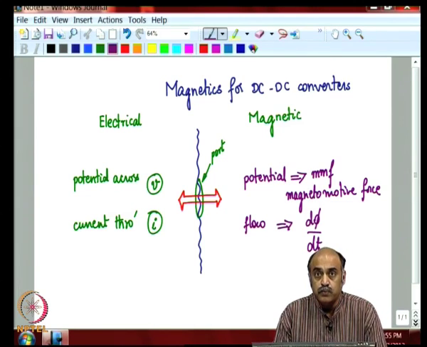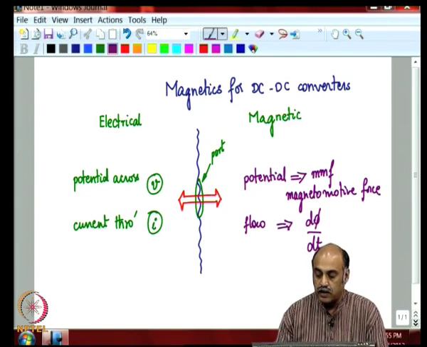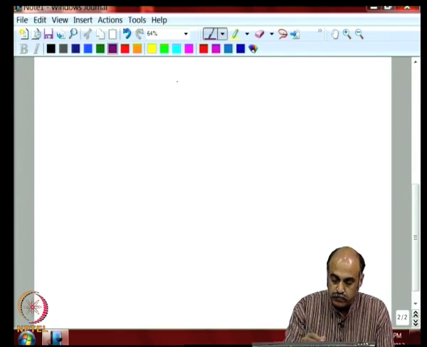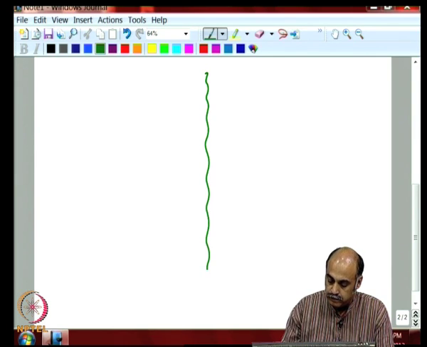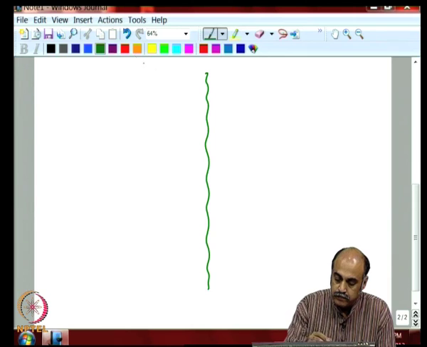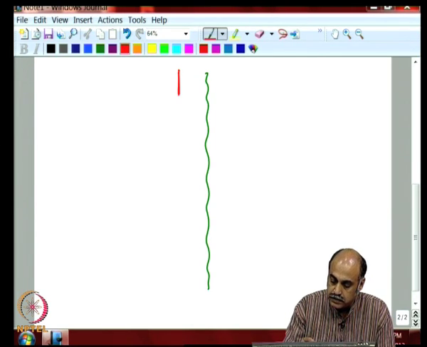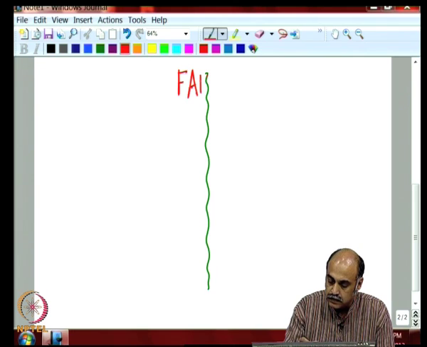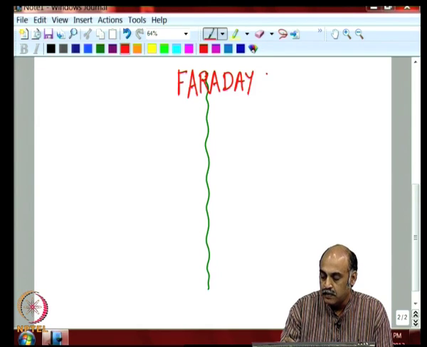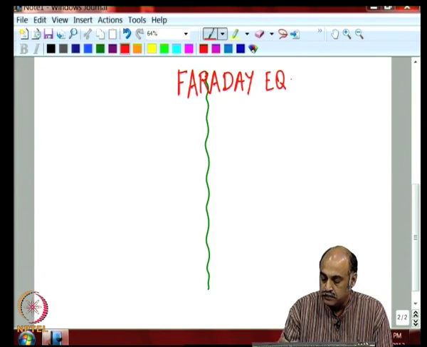Now, these two domains are linked together by two very powerful and fundamental laws, Faraday's equation.